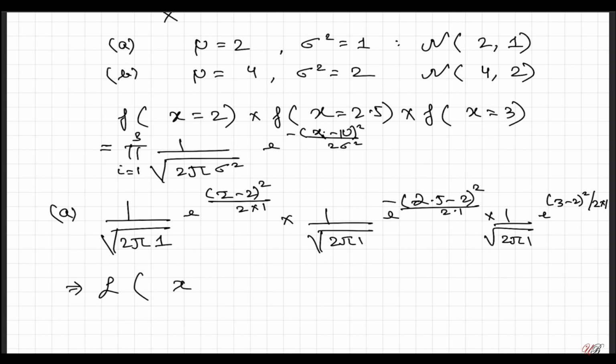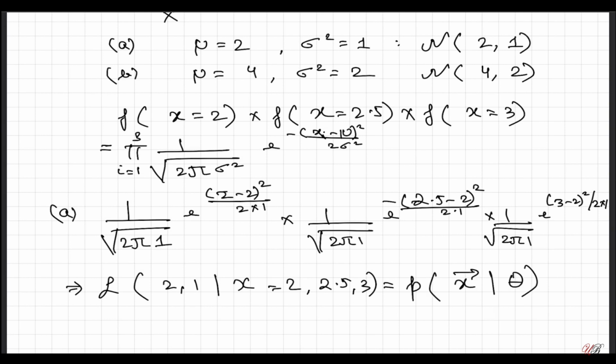x. So when we generally say likelihood, we always write the parameters first. Likelihood of theta given x equal to 2, 2.5 and 3, which is as good as saying that we are calculating the probability of observing the x vector given theta, and here also theta is a vector because we have two unknown quantities to be estimated.